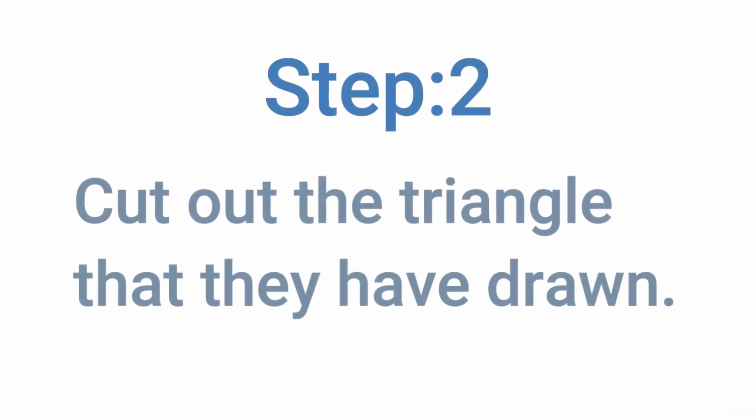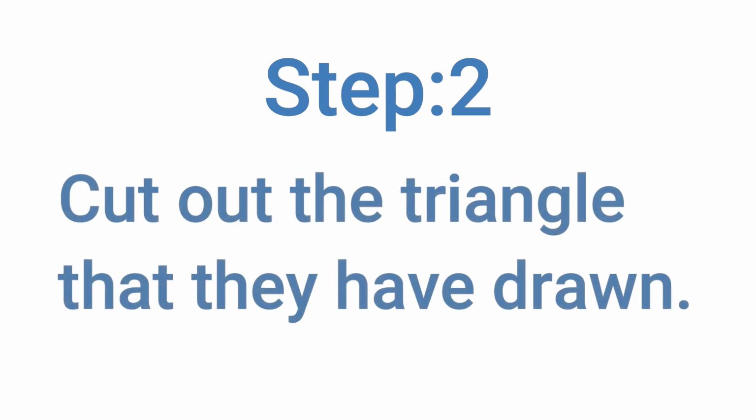So you can provide the students with scissors, the blank leaves or whatever leaves you'll be using, and of course they'll have their pencils. All right, now after asking the students to draw a triangle on the sheet of paper provided and label all the interior angles, the teacher could then ask the students to cut out the triangle that they have drawn.